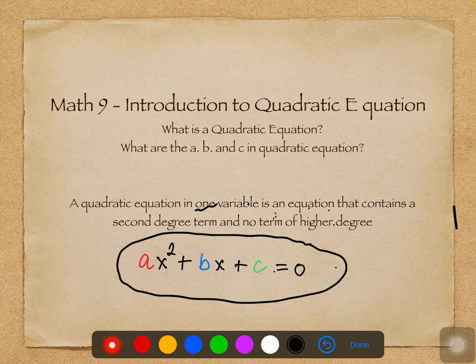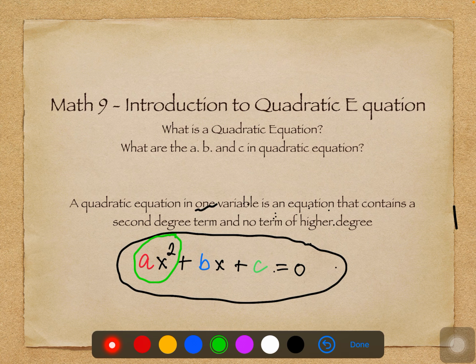So the variable is x. And it contains a second degree term, which is the first term that you see in the equation, the ax squared. And no term of higher degree. That's why you cannot see an exponent of more than 2.